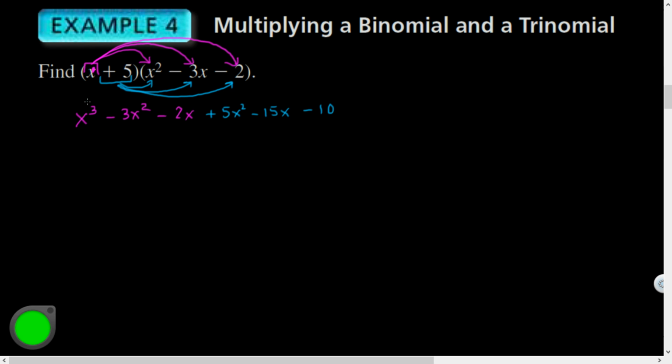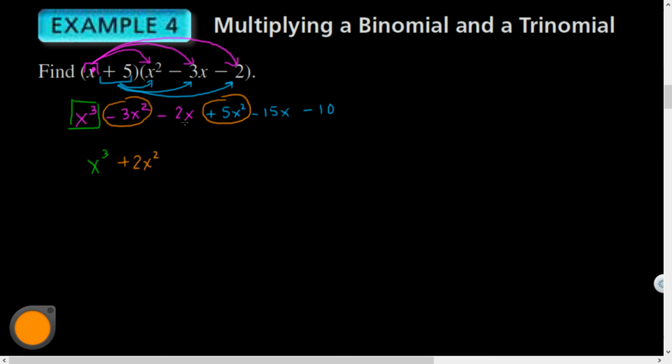But let's see if I can combine like terms here. Are there any other x cubeds? No. So x cubed. But that's my highest degree, so I'm going to write it first. And then let's see. How about x squared terms? I've got negative 3. I've got positive 5 of them. Positive 2 of them, yep. And when I'm adding, you're just adding the numbers in front, the coefficients.